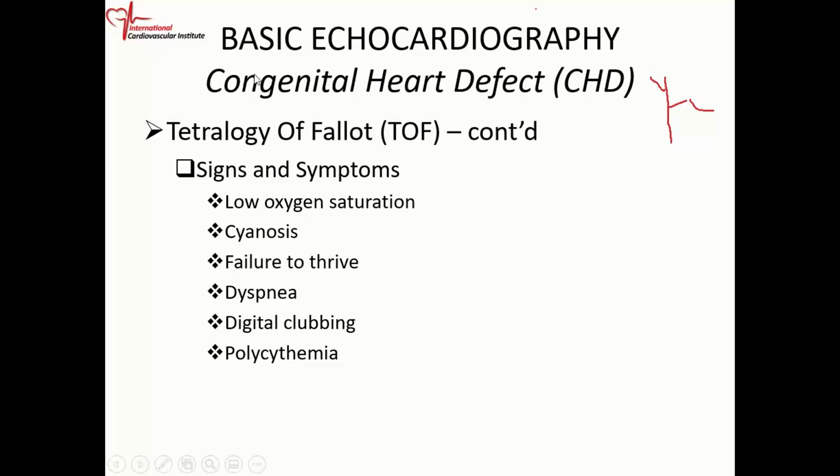Okay, so what are some of the signs and symptoms that these patients are going to present with? And again, a lot of these patients are going to present in infancy or childhood.